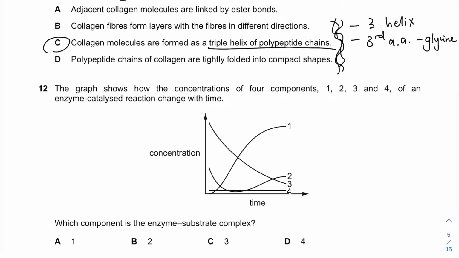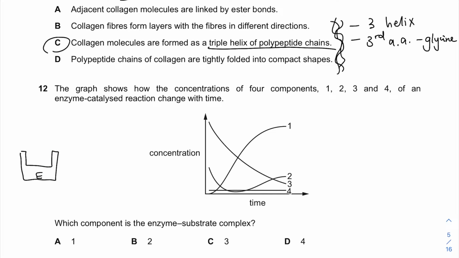Question number 12. The graph shows how the concentration of 4 components, 1, 2, 3, 4, of an enzyme catalase reaction change with time. Which component is the enzyme substrate complex? In the beginning of the process, you would have your enzymes.